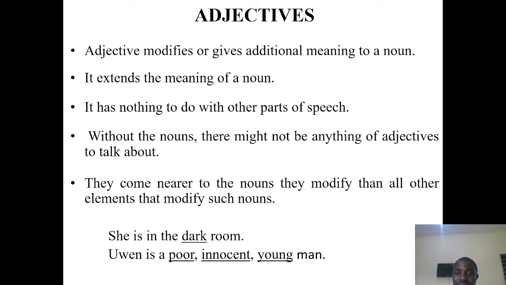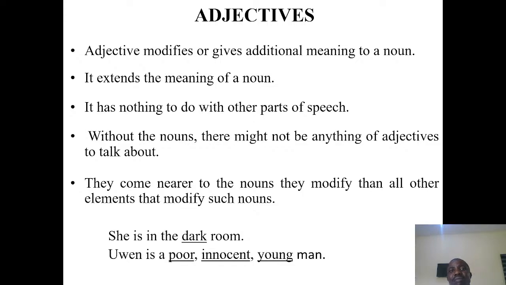Owen is a man. But if you want to know more about the man, we can say Owen is a poor, innocent young man. So poor, innocent, and young are adjectives used to modify what? The noun.